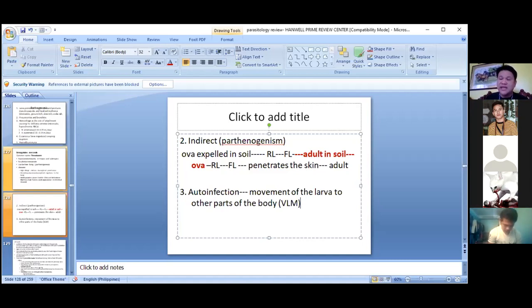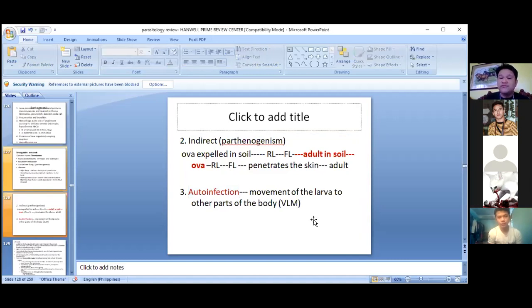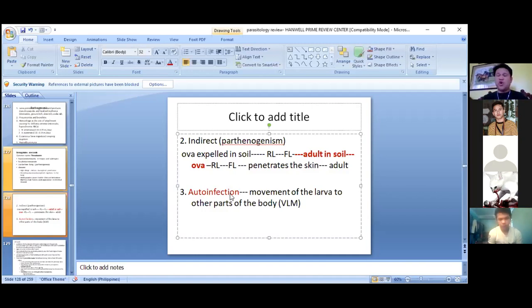When the parasite would have to move to other parts of the body, then it is called the auto-infection. So please remember, my dear students, no? Auto-infection of Strongyloides is different from the auto-infection of Enterobius vermicularis. Why? Look, for Strongyloides, auto means self-infection. Naintindihan? Self-infection is that nandyan yung parasite sa loob mo at magpunta siya sa ibang parte ng katawan mo. Auto-infection for Strongyloides, but auto-infection for Enterobius vermicularis is different.